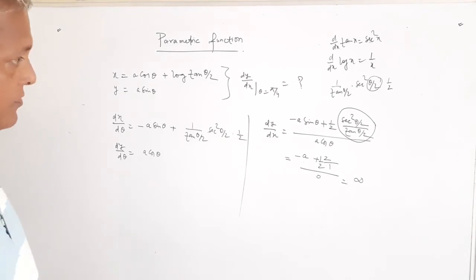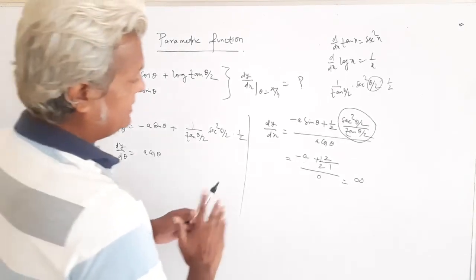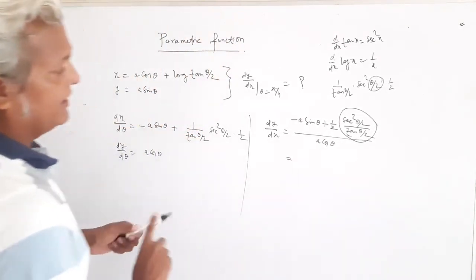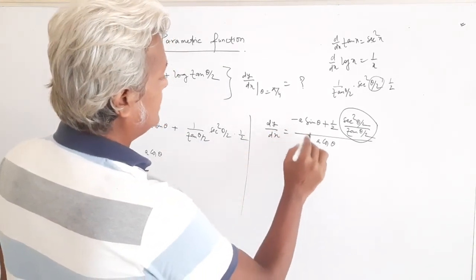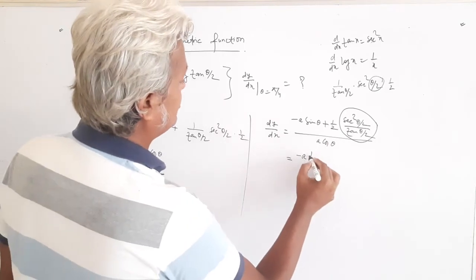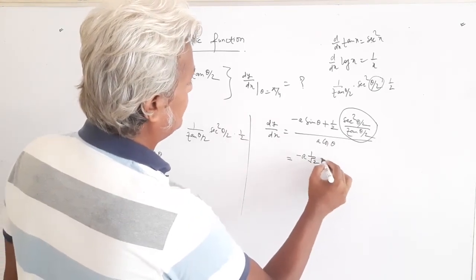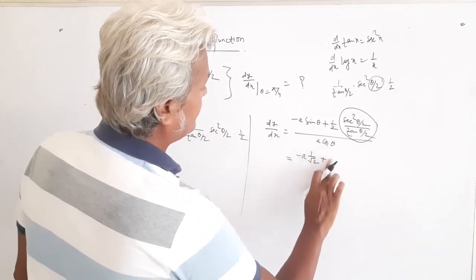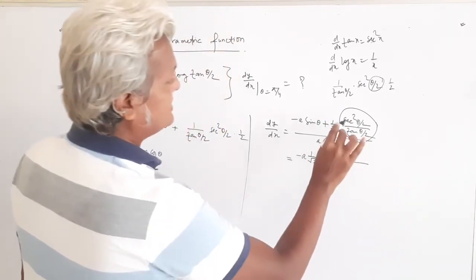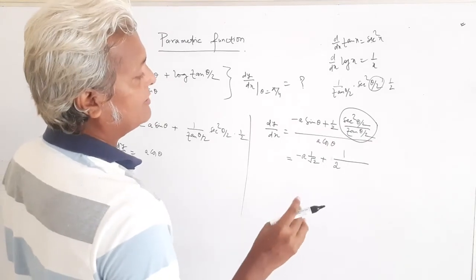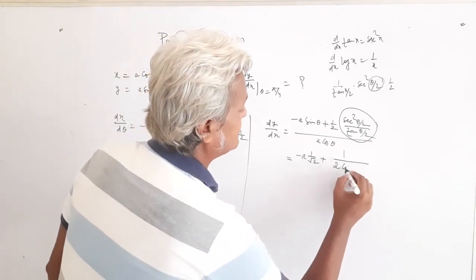So now what we can do, let me just remove this part. So we have minus a sin π/4 is 1 by root 2. So this is 1 by root 2 plus 1 by 2. Now pay attention here. Sec² θ/2 will become 1 over cos² θ/2, that comes here.